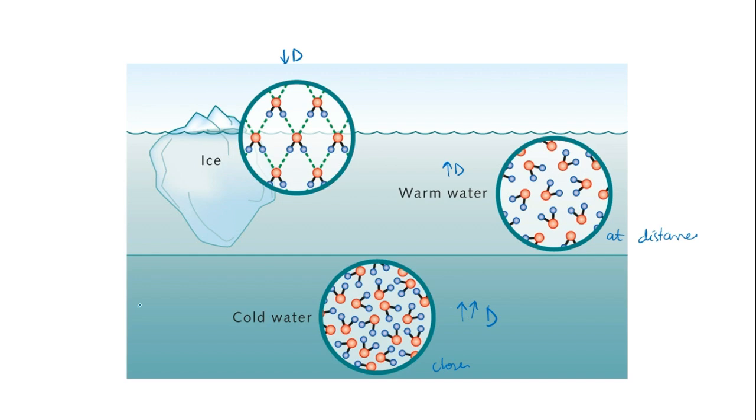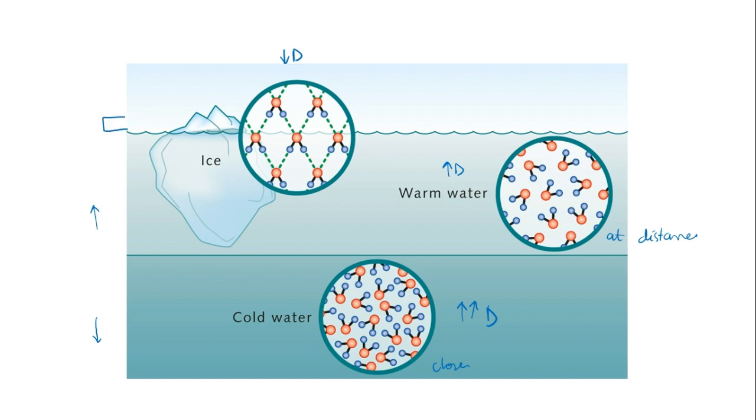So we can suggest that in colder climates, the colder water is present at the bottom, the warmer water is present above the colder water, and then above the warmer water is the layer of ice.